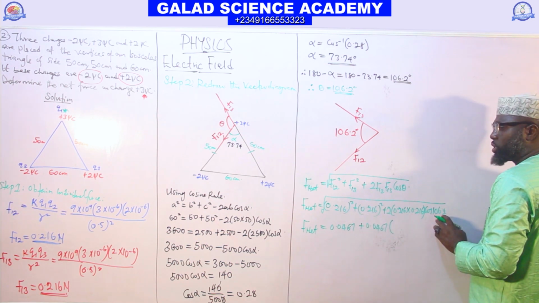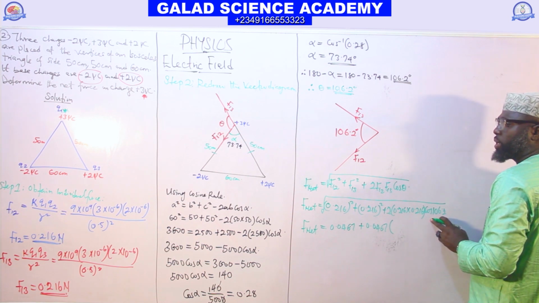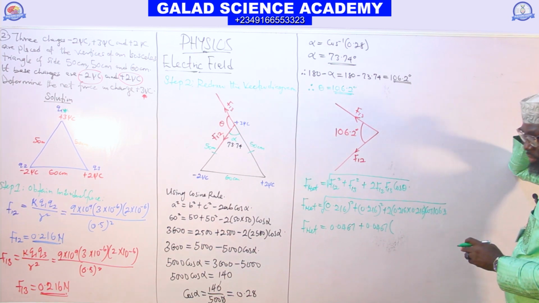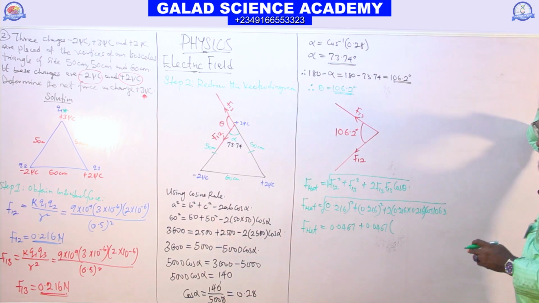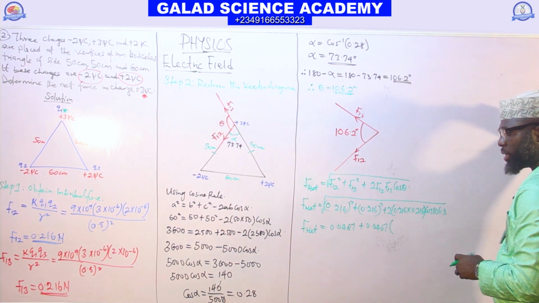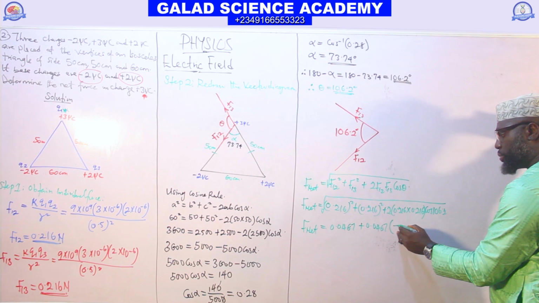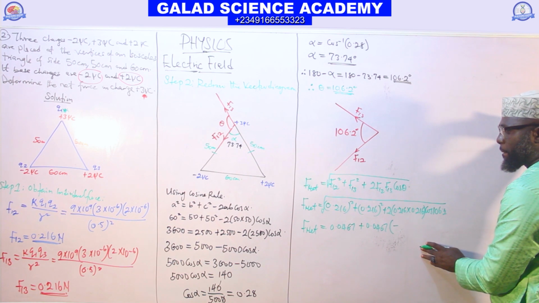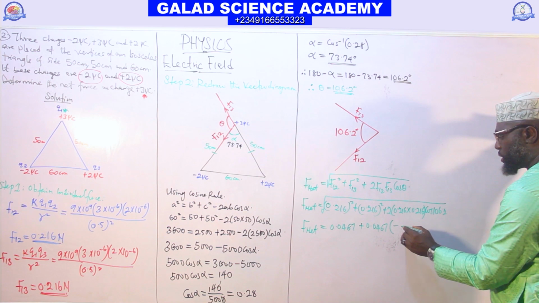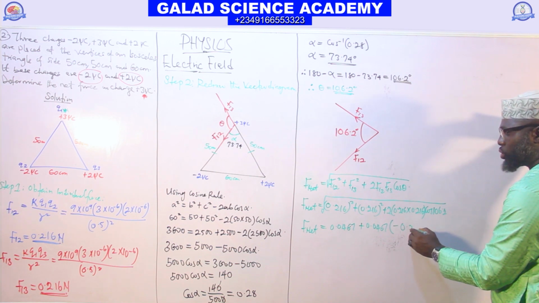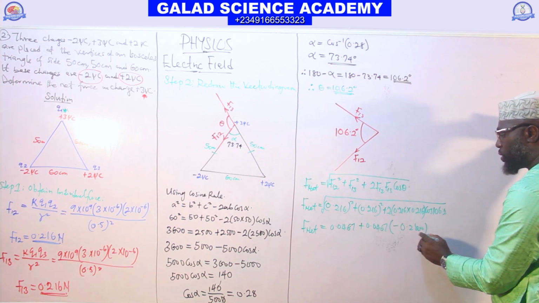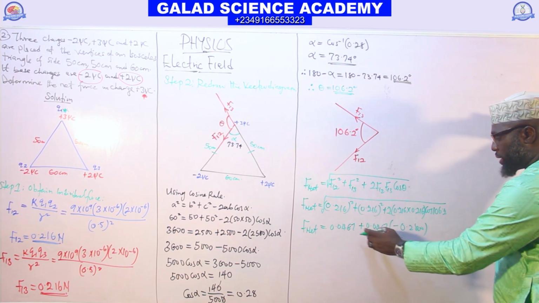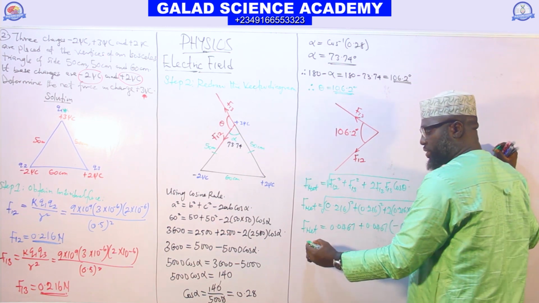What of cos 106? By pressing the calculator, it will be minus 0.2800. By calculator, we have negative here.